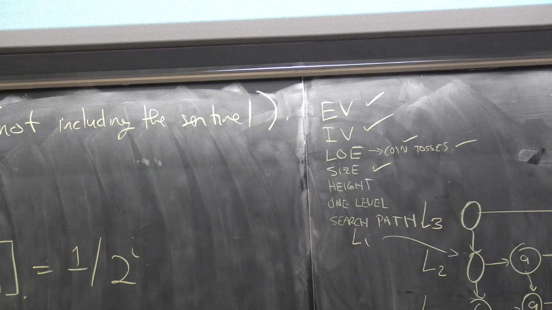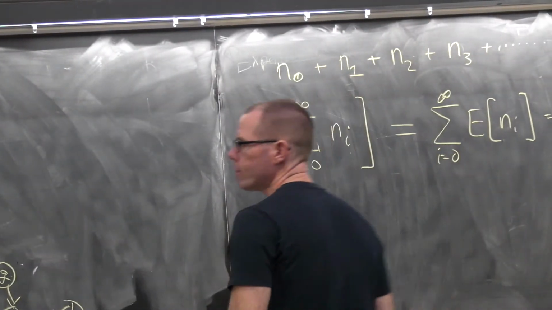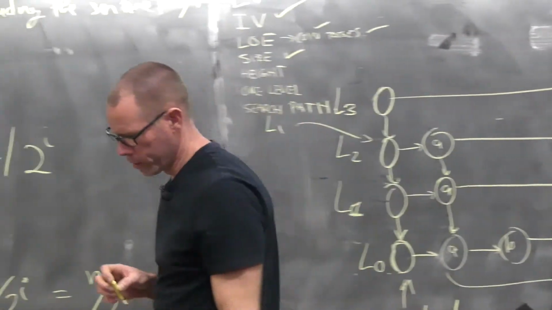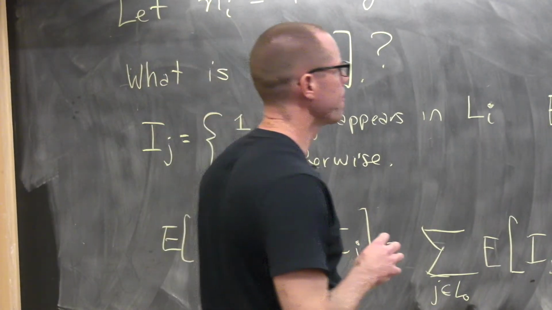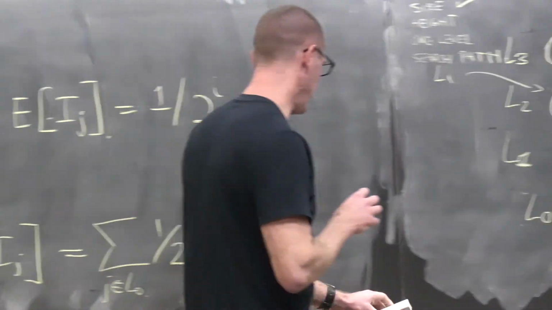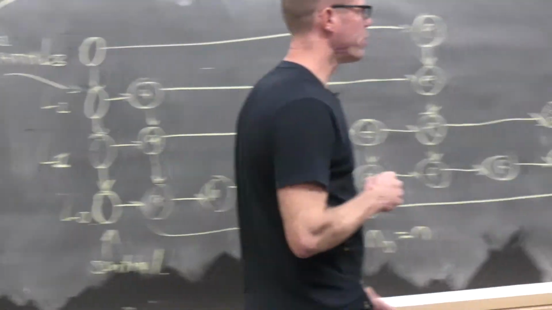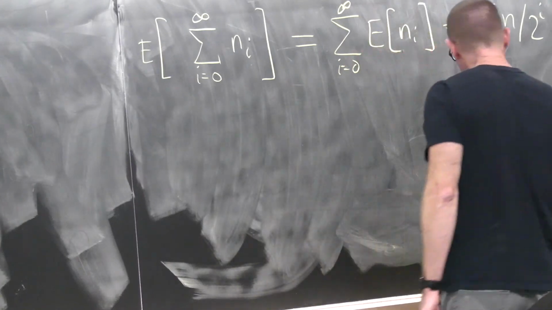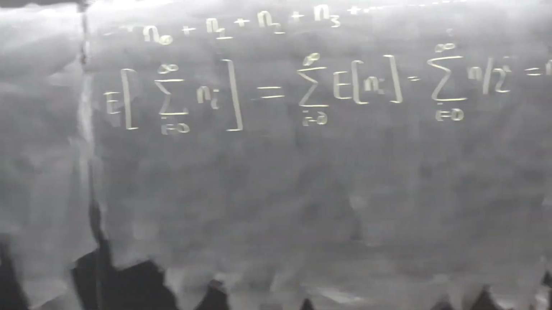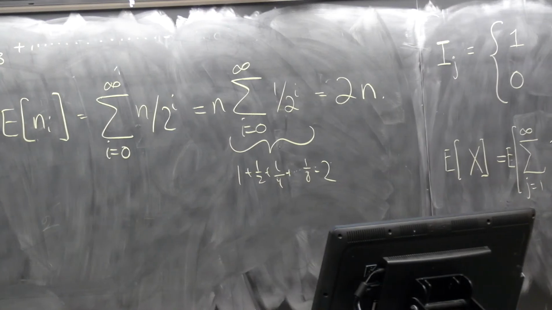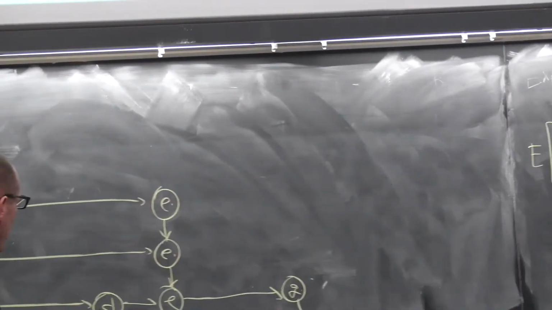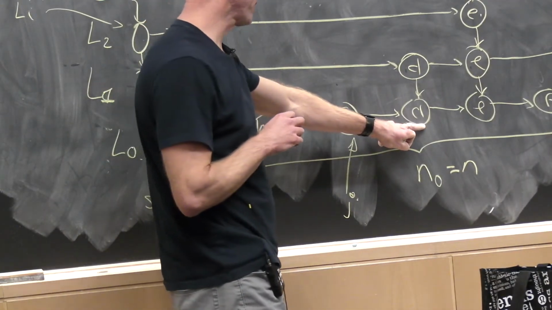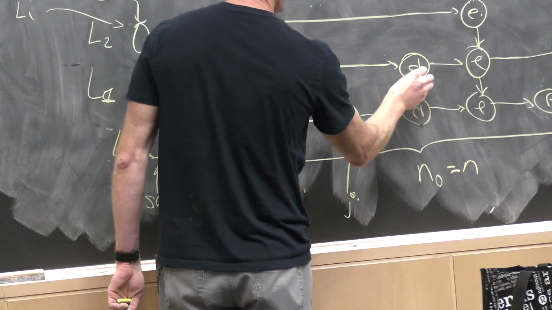All right. That's all been playing the same trick repeatedly. Now it's time to get to something that requires a little more cleverness. Ultimately, it's nice to know the size, but one of the things we're trying to get to is understanding the expected length of a search path. That is this path that starts at a node in the bottom list, and it goes up if it can.